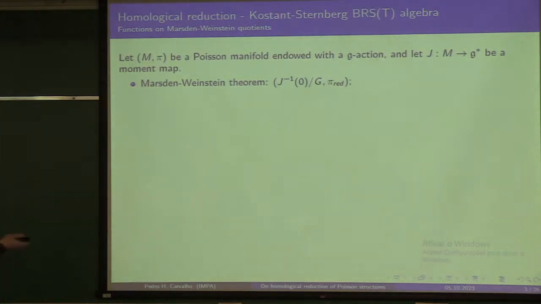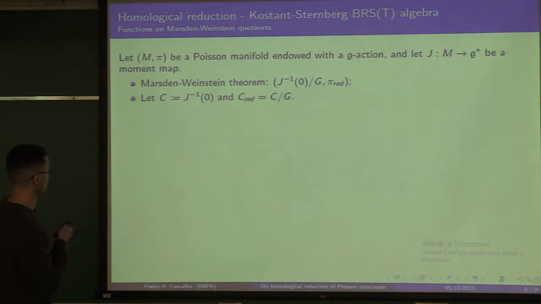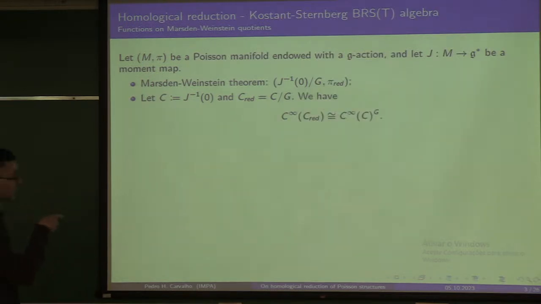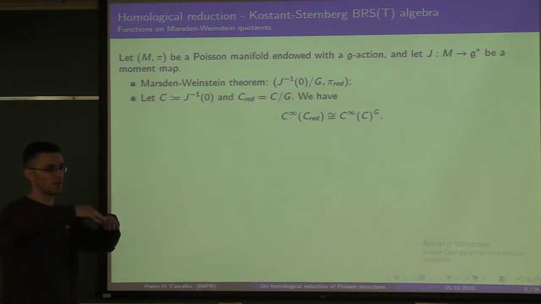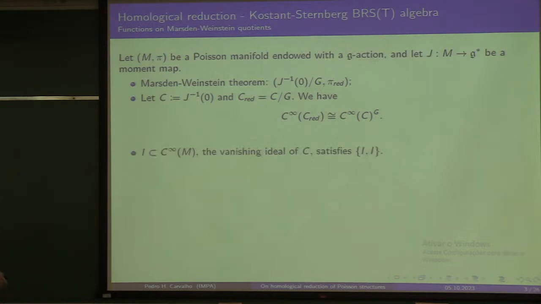So what are the functions on this reduced space? If you denote by C the level set, and C red the reduced space, functions on the reduced space are functions on the constraint submanifold that are invariant under the action, so functions that are constant along the orbits.